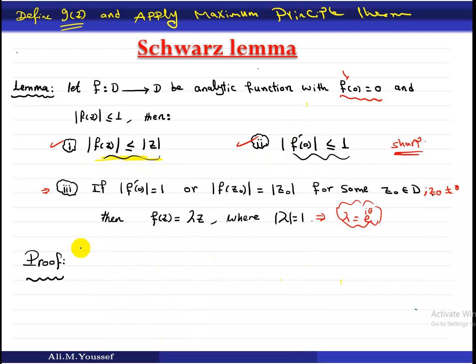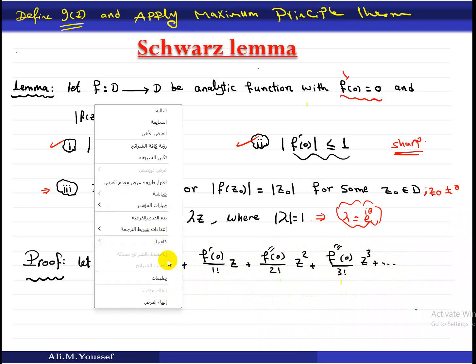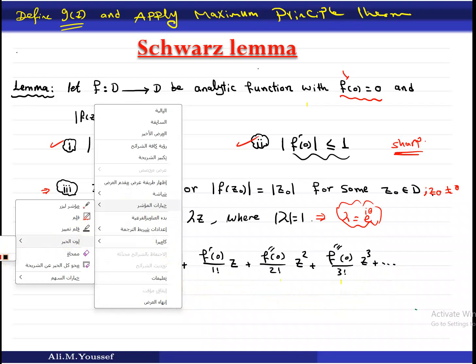So we can say that f(z) we can define as f(0) plus f'(0) over 1 factorial z plus f''(0) over 2 factorial z squared plus f'''(0) over 3 factorial z cubed, and so on. Why can we write this one? Because the function is analytic. And we have an assumption here, f(0) is equal to 0.